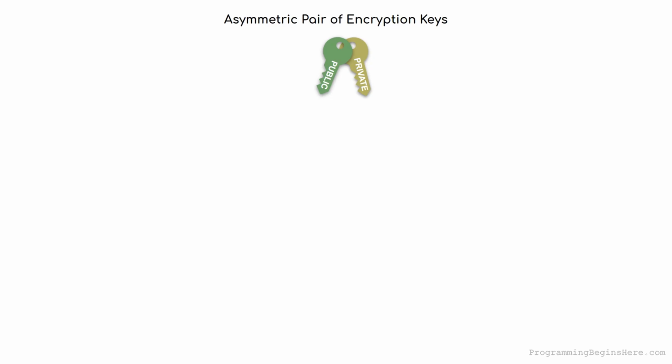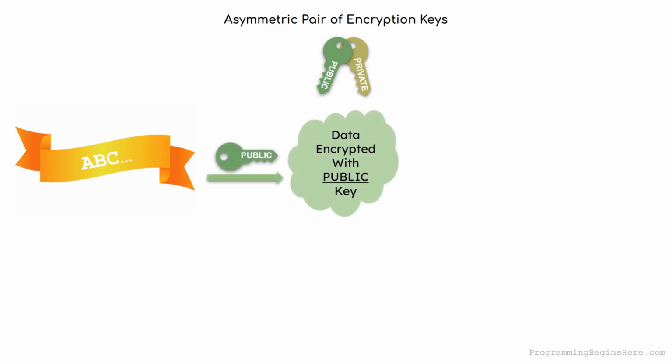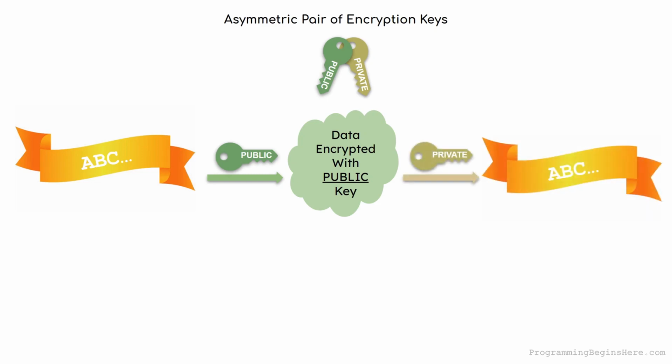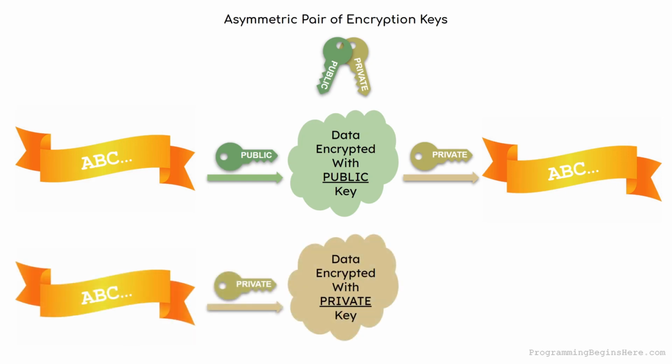The main thing about these keys is that if some data is encrypted by the public key, it can only be decrypted by the private key from the pair. In order for the digital signature to work, the opposite should also be true. If data is encrypted by the private key, it can only be decrypted by the public key from that pair.